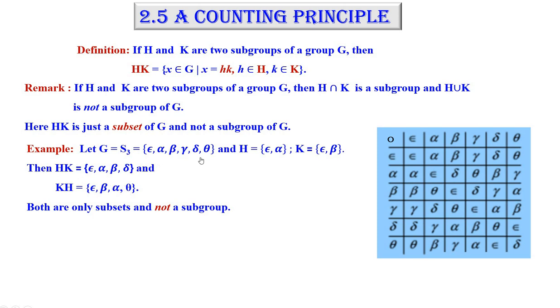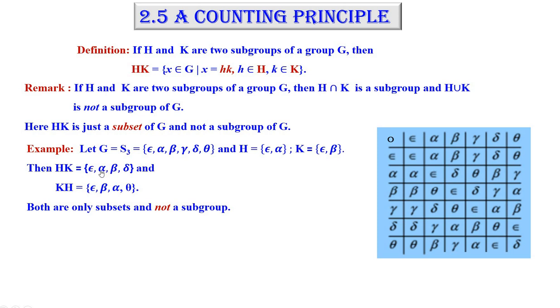We know pretty well that the proper subgroups of S3 are the sets consisting of epsilon and alpha, epsilon and beta, epsilon and gamma, and the fourth one, epsilon, delta, theta. So these sets are not at all subgroups of S3, they are only subsets.